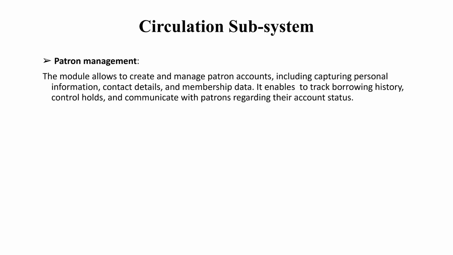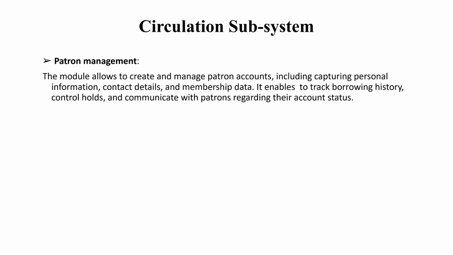Circulation subsystem. Patron management is a part of the circulation subsystem. The module allows users to create and manage patron accounts, including capturing personal information, contact details, and membership data. It enables users to track browsing history or borrowing history, control holds, and communicate with patrons regarding their account status.